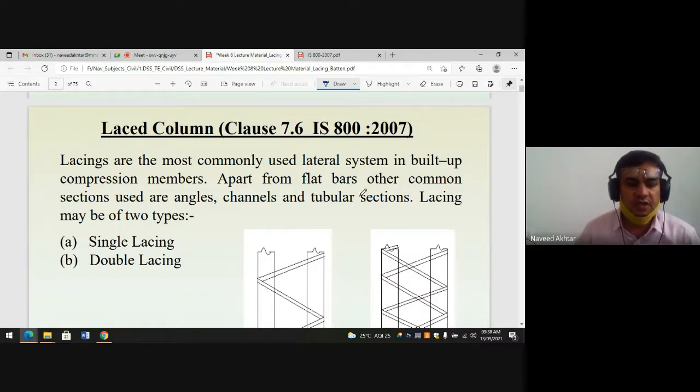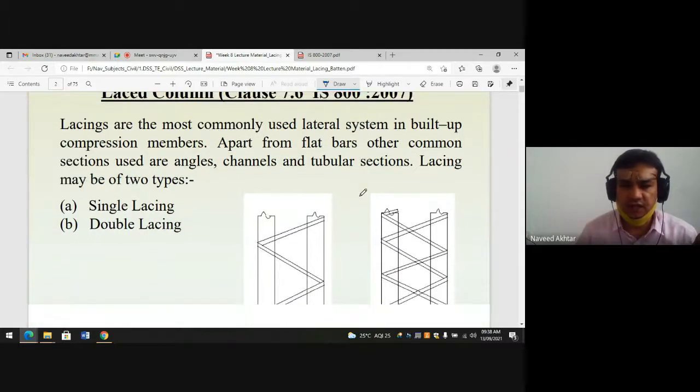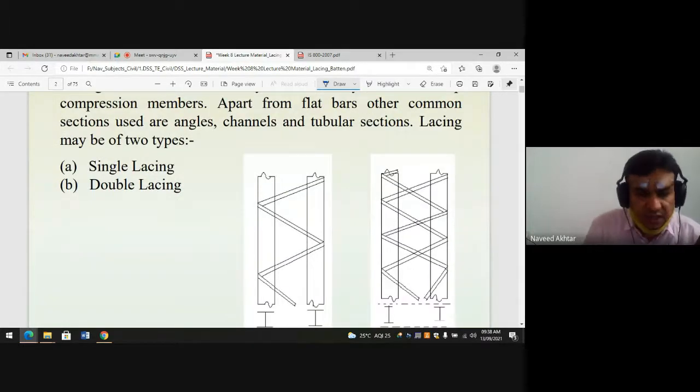Mostly our failures are due to the buckling of the column in compression, and the buckling of the column differs as per the end condition. So this is the buckling.